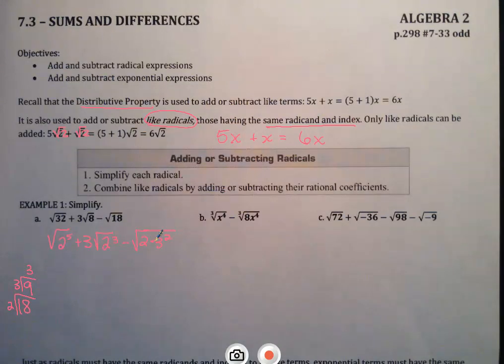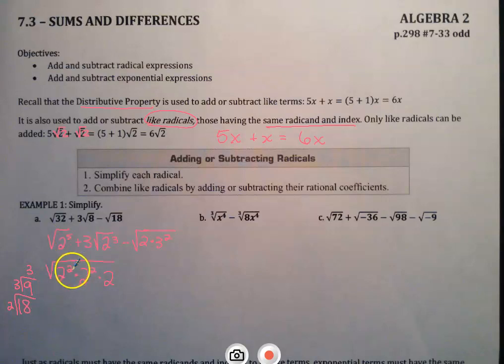So I'm going to change this up a little bit so we can see, because it's a square root. We want how many groups of 2 to take them out? 2, right? Our exponent needs to be 2. So I'm going to rewrite this as 2 squared times 2 squared times 2.